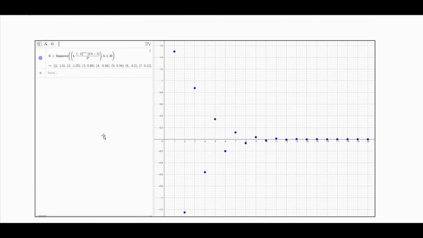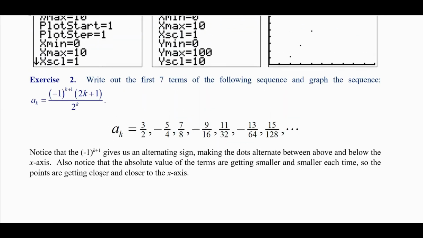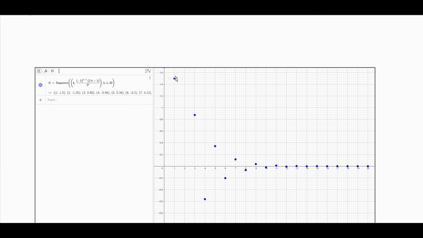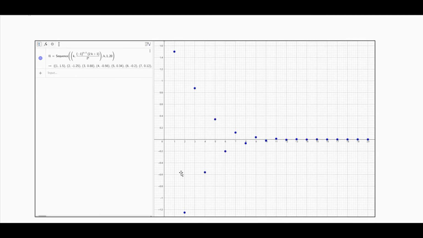So notice the first one was, what was the first one? It was 3/2 and -5/4. So 3/2 is up here. Then -5/4 was down here. It goes to the other side of the axis up here. So it keeps alternating between first quadrant, fourth, first, fourth, first, fourth.